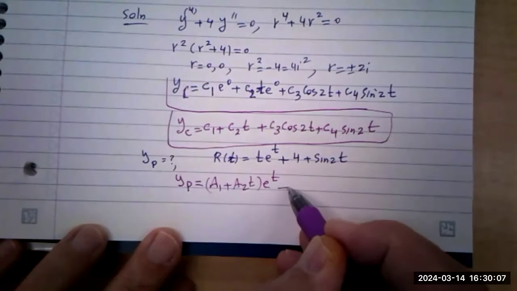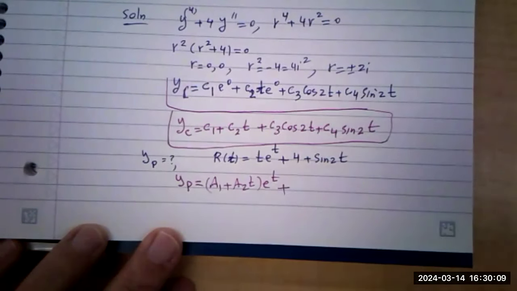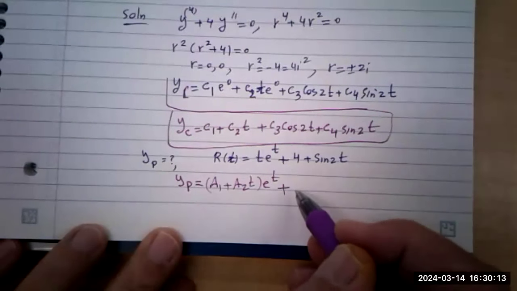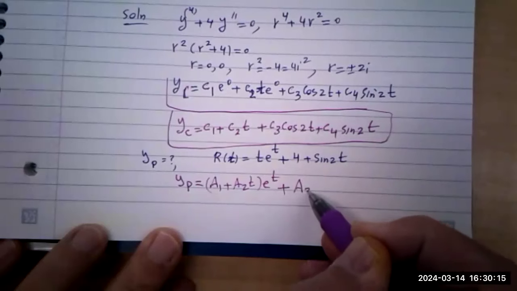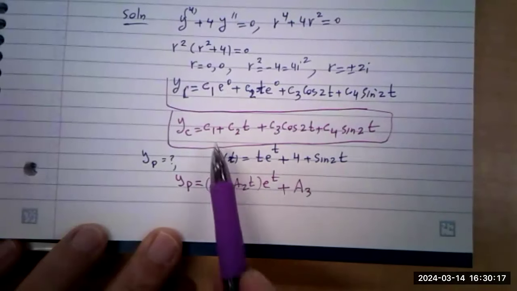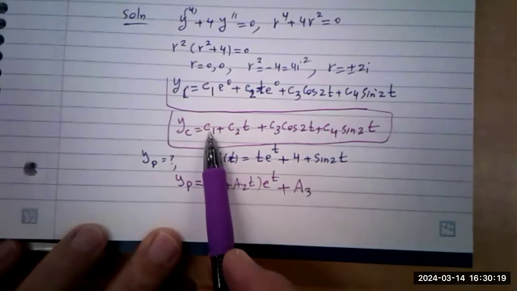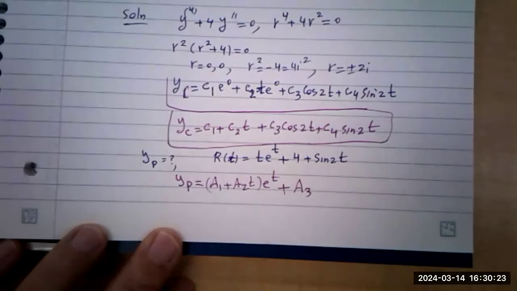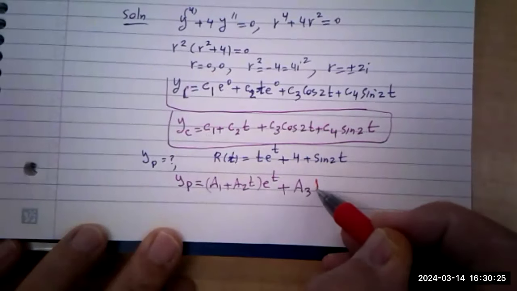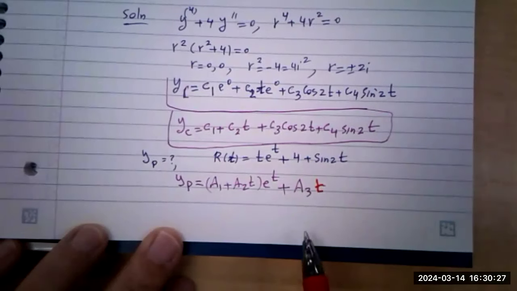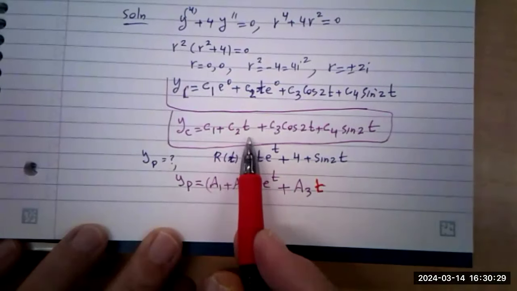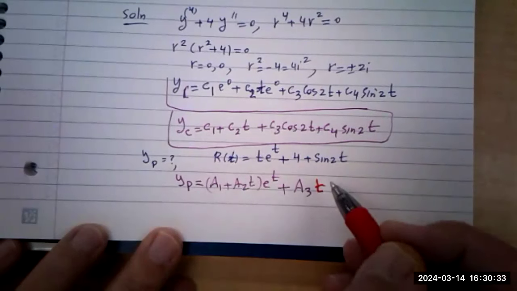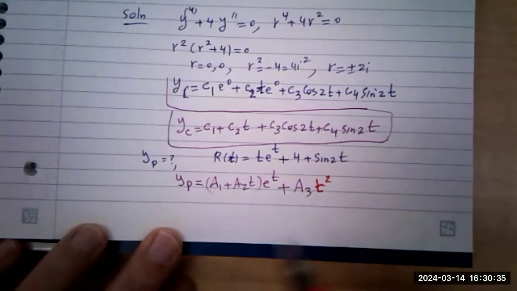Then plus 4, just a constant polynomial. After A1, A2, this must be A3, but the constant term is in YC. So you have to upgrade it, multiply by t. But if you multiply by t, you get C2t here. So you have to multiply by another t. So that gives you A3t squared.